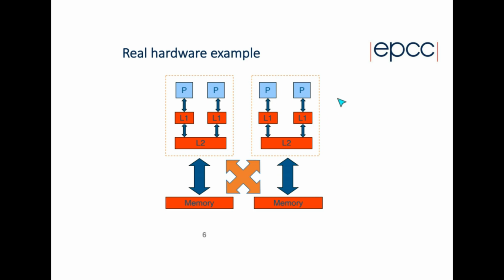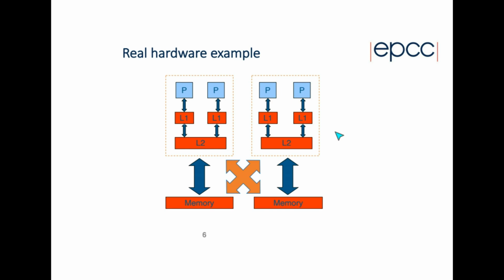Of course, this is still a simple diagram in the sense that chips are much bigger, with on the order of 64, 72 cores on chips these days. A common design is to have 3 levels of cache, so level 1 and level 2 per core typically, and then level 3 shared between some subset of cores, not necessarily all the cores on the chip.